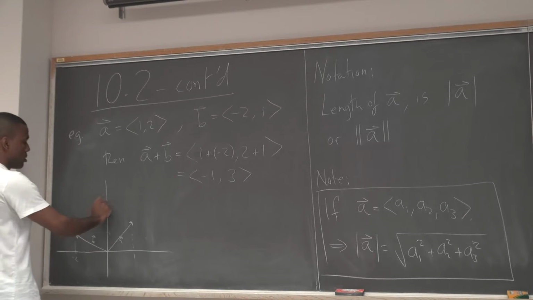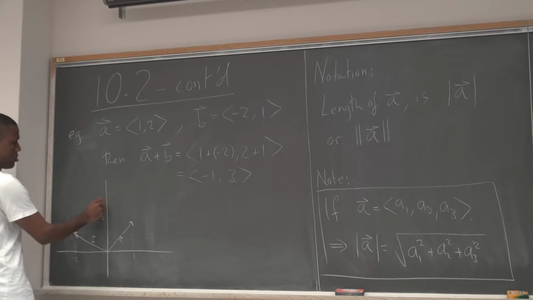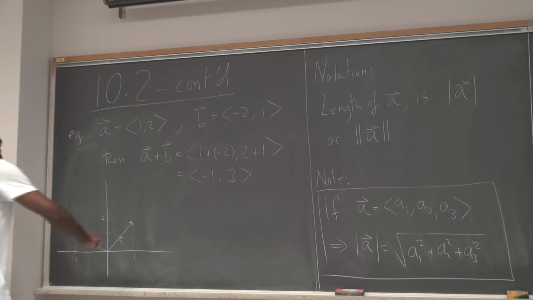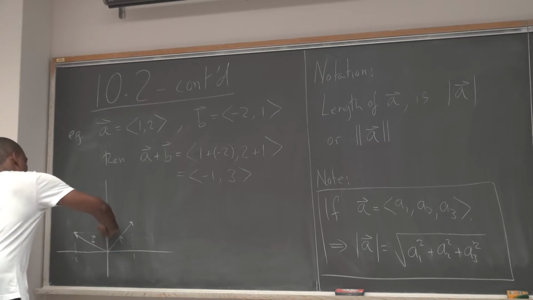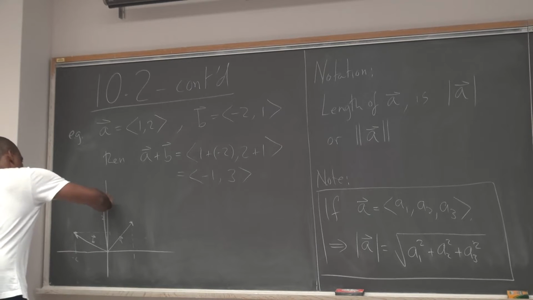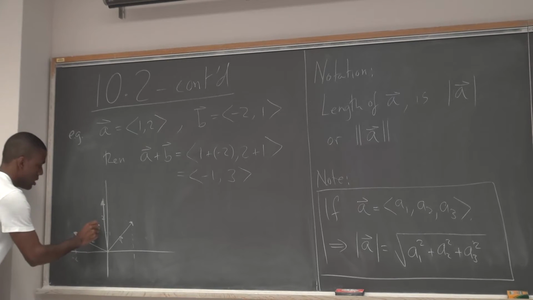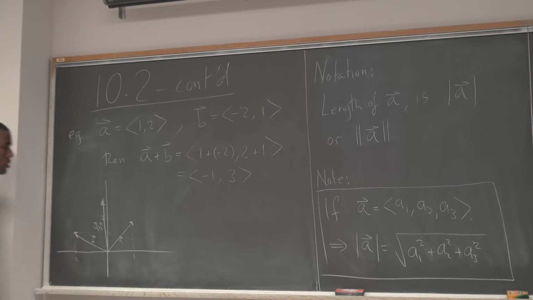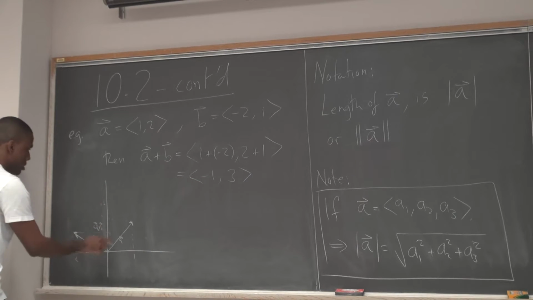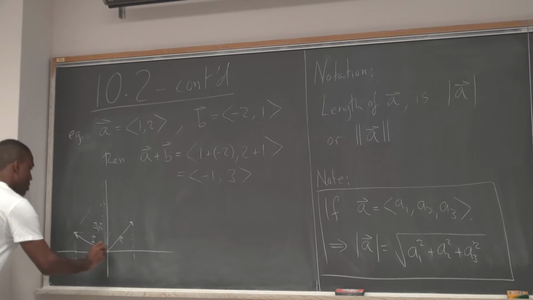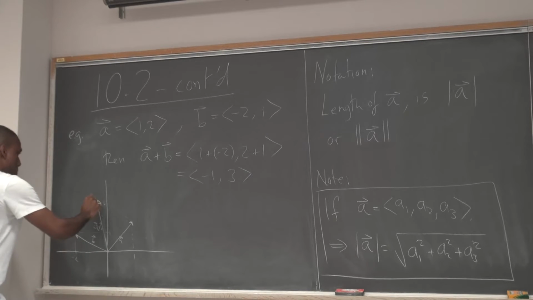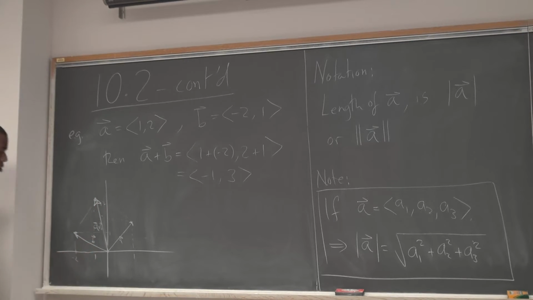You can use the parallelogram rule. Your A plus B would be something like this. You'll notice that he goes a little bit to the left and then up really fast. He will actually move 1 unit over here and then 3 units up here.